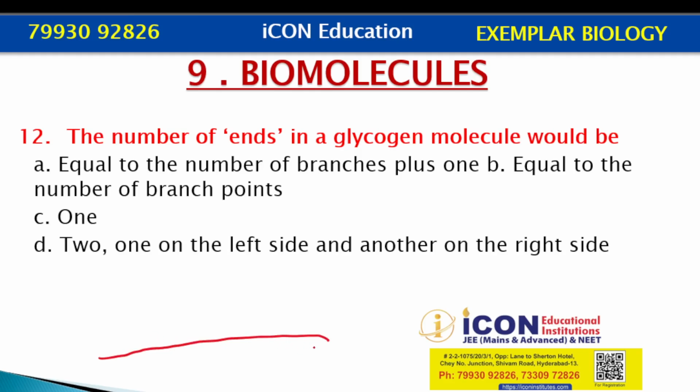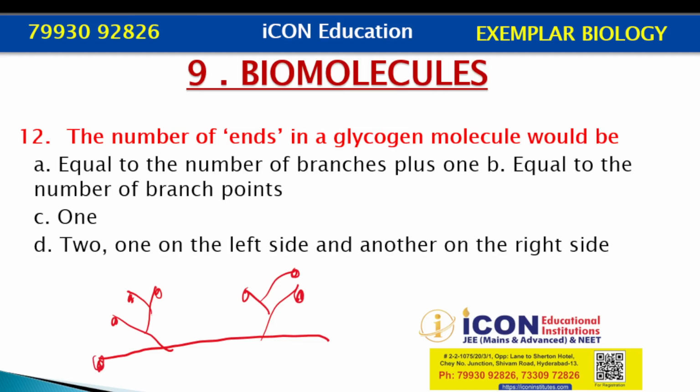For example, this is the main chain which has 3 branches, and here 3 branches. So each branch will have one non-reducing end. So 1, 2, 3, 4, 5, 6. 6 non-reducing ends, and the main branch will have one non-reducing end.